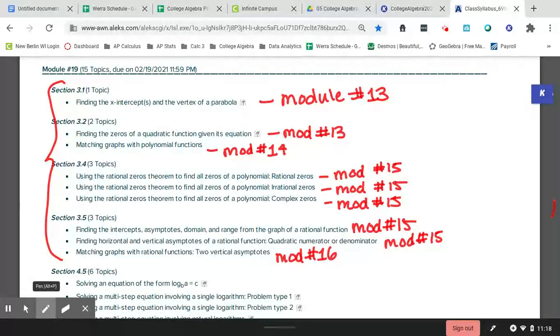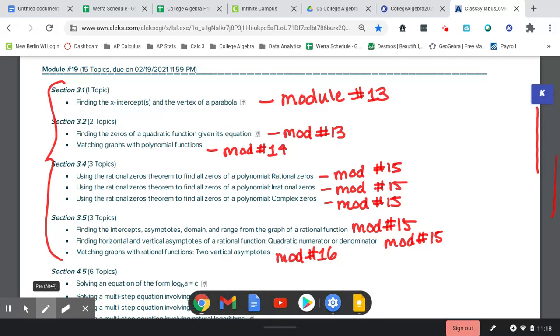Which means that you only have 6 new topics in module 19, okay? So we'll go over how to do those, though.